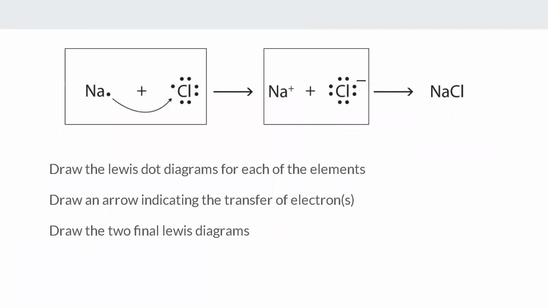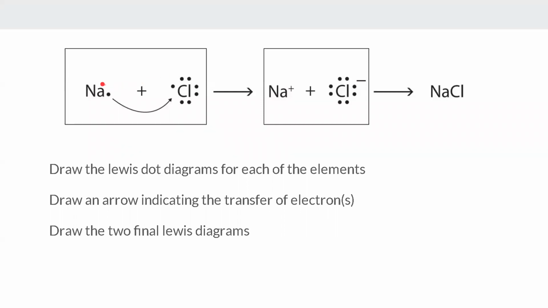So here's some practice with Lewis dot diagrams and bonding, like putting them together. If you want to draw ionic bonding with Lewis dot structures, this is how you would do it. You draw the Lewis dot diagrams for each of the elements, which is just how many valence electrons each element has.